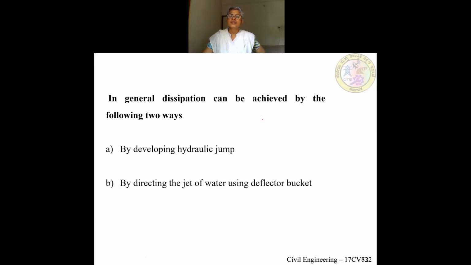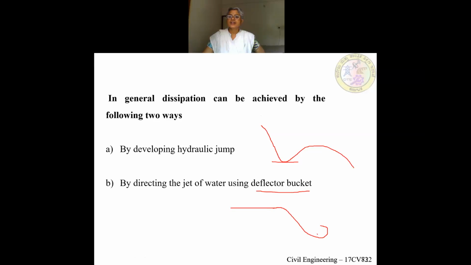When the water flows from the upstream side to the downstream side, a hydraulic jump will be created like this at the bottom. In this jump the energy gets dissipated. Also, by directing the jet of water which is flowing using a deflector bucket, at the bottom of the spillway a bucket like this will be provided.